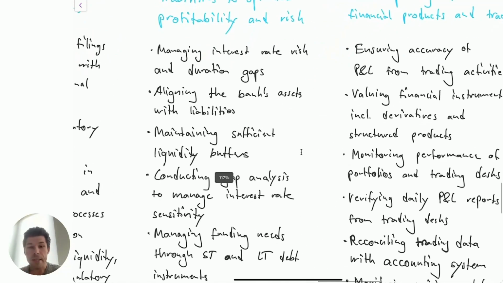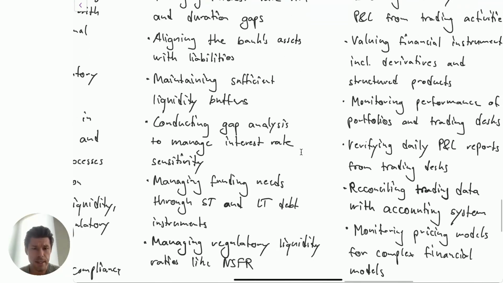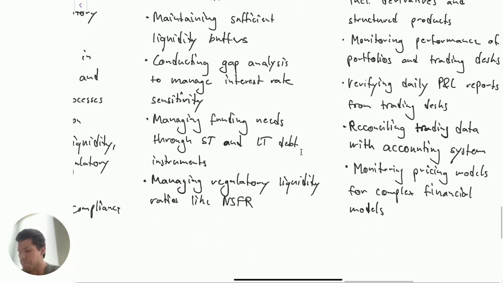It would maintain sufficient liquidity buffers. It would conduct gap analysis to manage interest rate sensitivities, managing funding needs through short-term and long-term debt instruments. It would do this in coordination with the Treasury department. And then it would also monitor regulatory liquidity ratios such as the net stable funding ratio, NSFR.